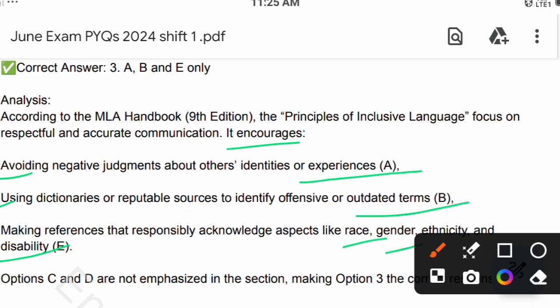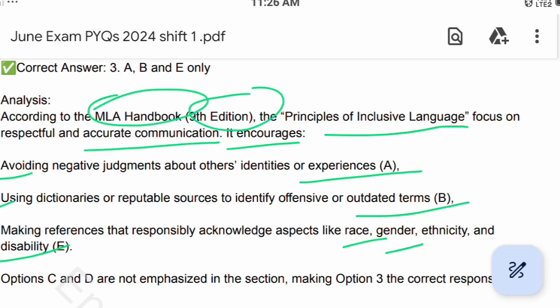So these are the correct options. The principles of inclusive language focus on respectful and accurate communication as per the ninth edition of the MLA Handbook. Next question.